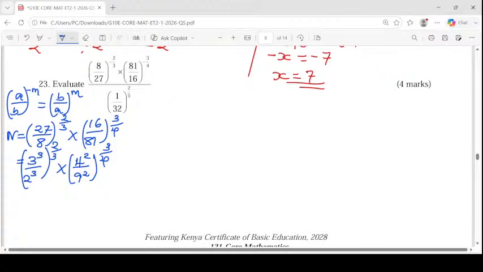Let me put 16 as 2 to the power of 4 over 81, and 81 can be 3 to the power of 4.